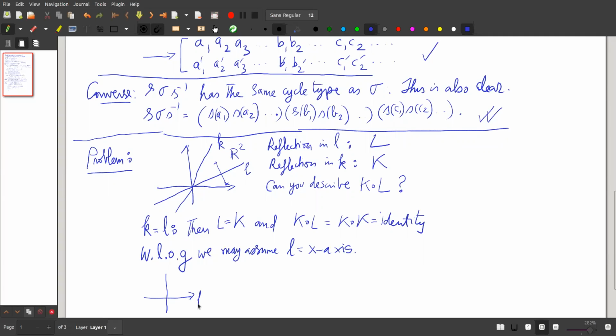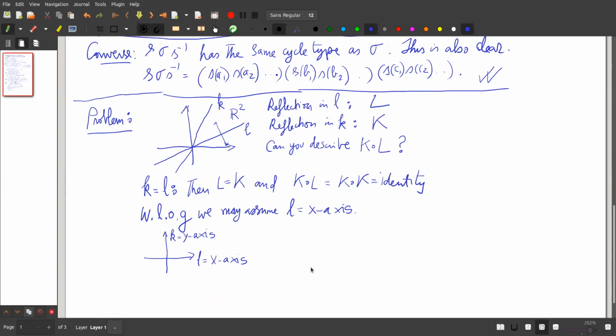We are assuming L equals the x-axis and he wants a 90-degree angle, so K is equal to the y-axis. So the question becomes, if I reflect in the x-axis first and then in the y-axis, what is the resulting action on R2? That's the question. Correct. Very good.